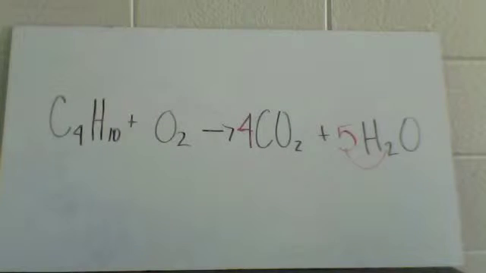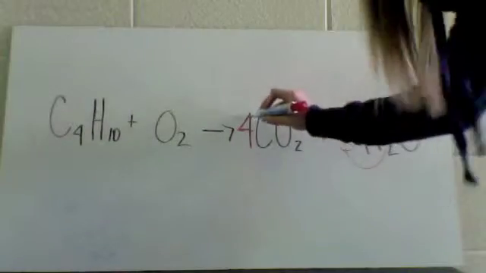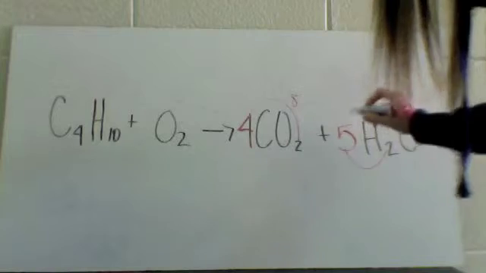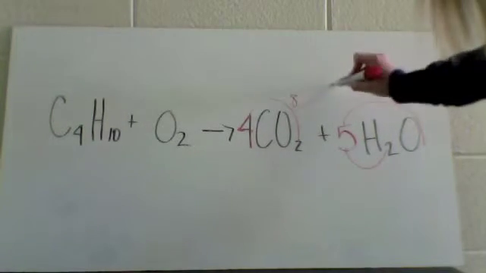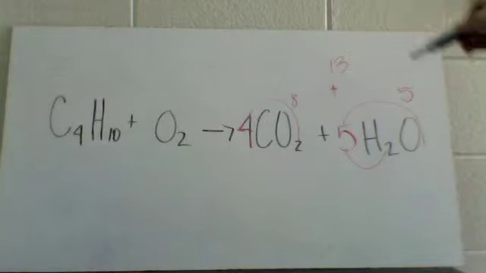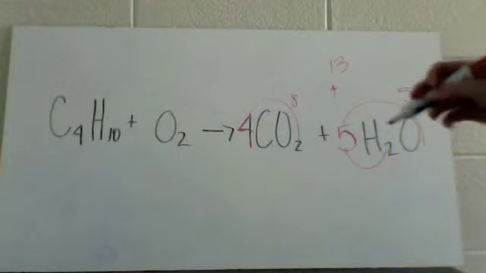And then next, you will balance the oxygens. So there will be 8 oxygens and then 5 oxygens, and that adds up to be 13. And that can't work because that's not an even number.